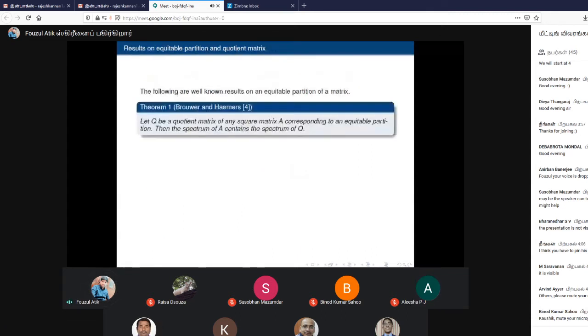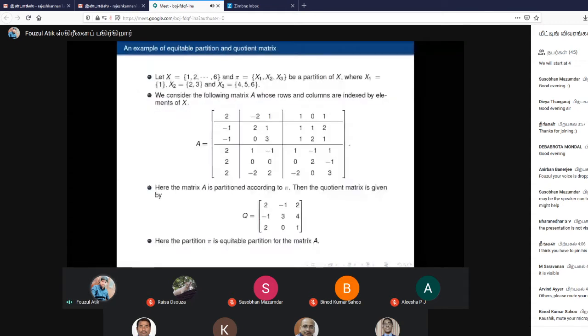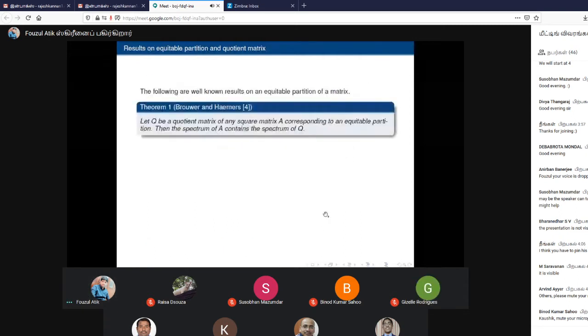Now, what is the benefit of this kind of partition and the quotient matrix? The first very good and useful result, you can find it in Brouwer and Haemers' book: if Q is a quotient matrix of a square matrix A corresponding to an equitable partition, then the spectrum of A contains the spectrum of Q. What does it mean?